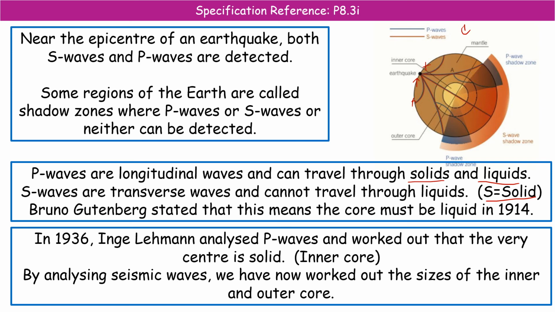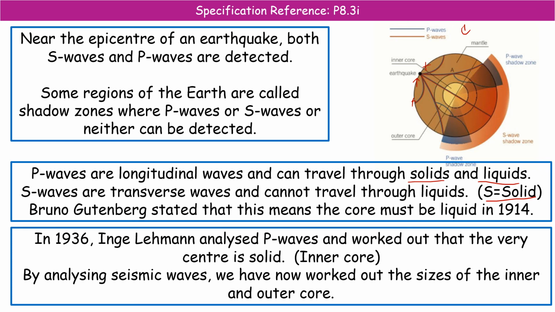We then go a little bit further, from 1914 to 1936, and further analysis of the P waves allowed us to work out that actually the very centre is a solid. So rather than just having the core, which was liquid, we then divided it up into the outer core and the inner core. So the outer core we know is a liquid, the inner core is a solid.